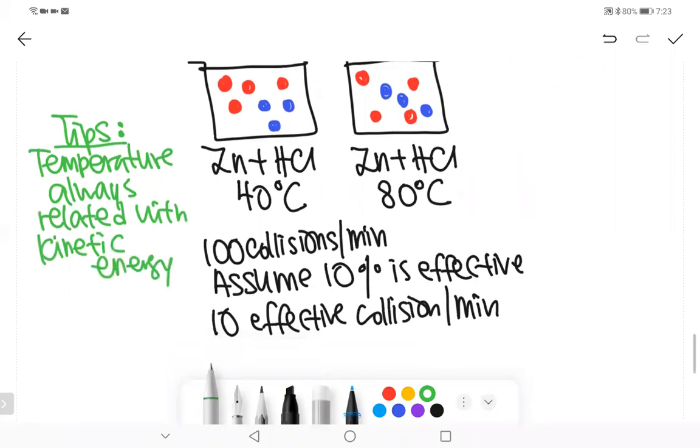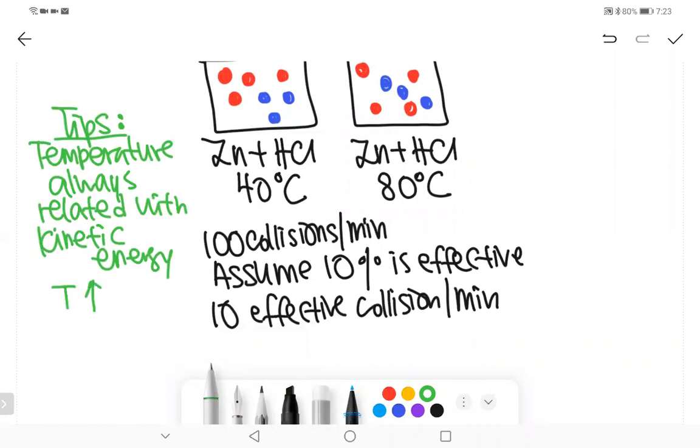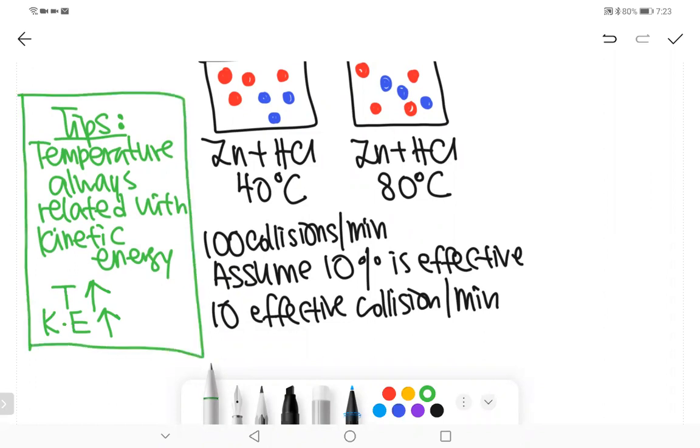When temperature increases, kinetic energy will increase.